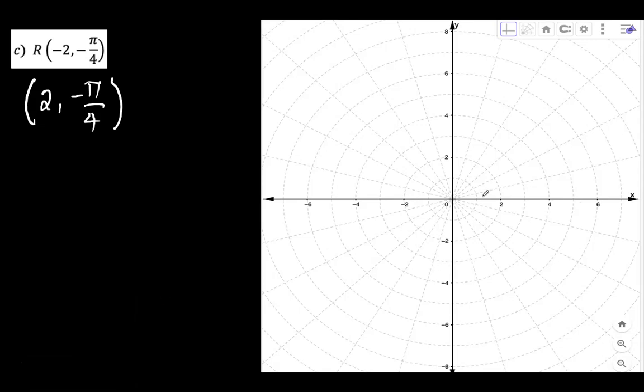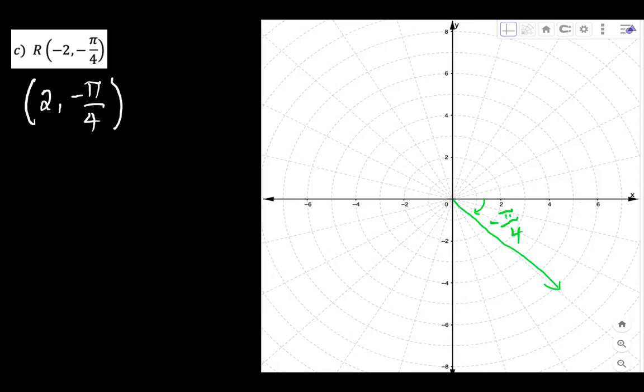So our direction is clockwise, somewhere there, and -pi/4. -pi/4 is half of the quarter, correct? So that's 1, 2, 3, 4, 5, 6. So that's 3 here. So this is pi/4, -pi/4. Okay, and this angle is -pi/4.